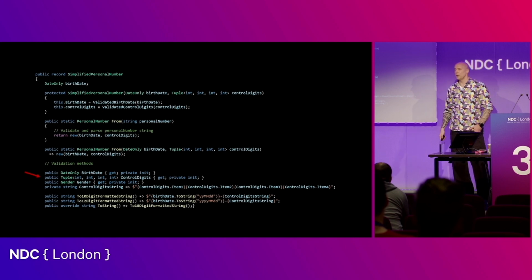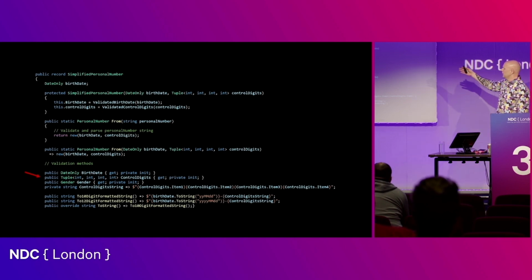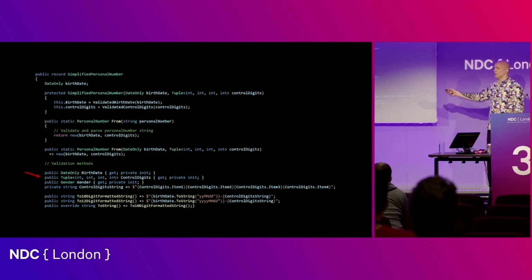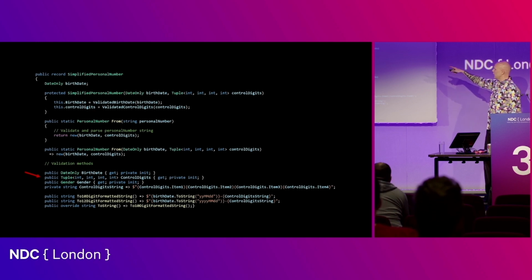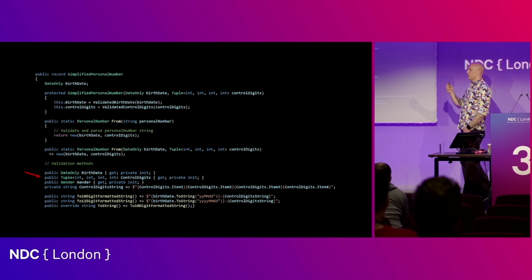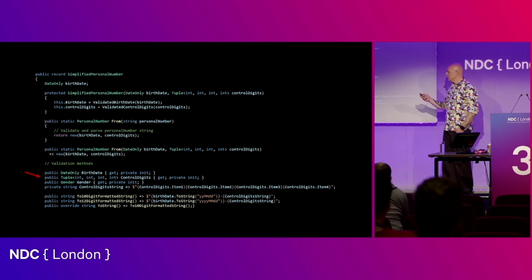But because of the way that personal numbers are structured in Sweden, I can use my personal number to figure out your birth date. I can figure out your legally assigned gender at birth, because one of the numbers up here in the control digits, if that is an odd number, you're a girl. If it's an even number, you're a boy. So I can figure that out.